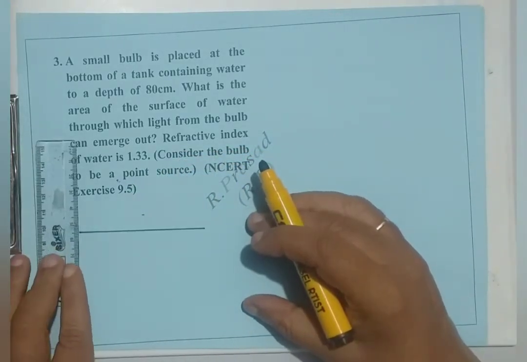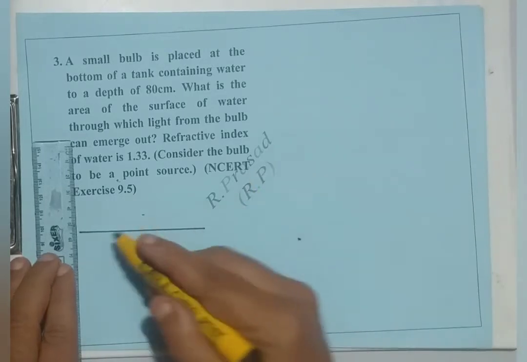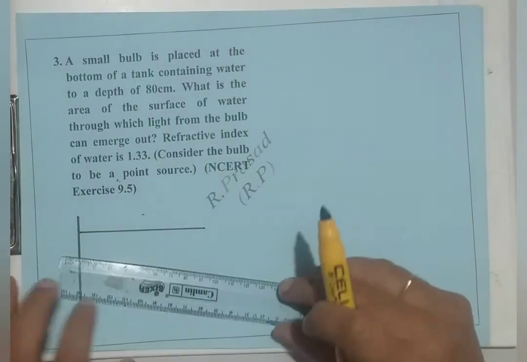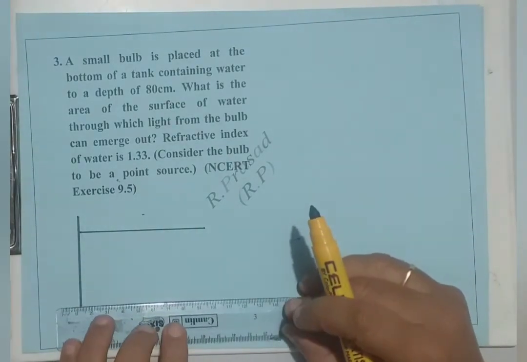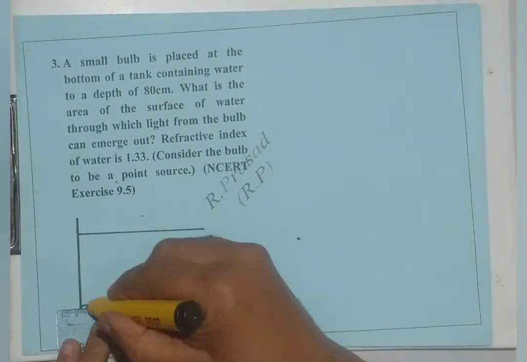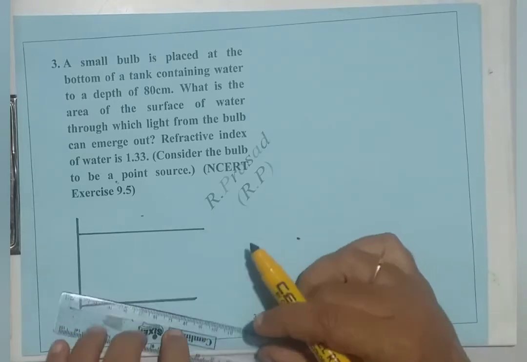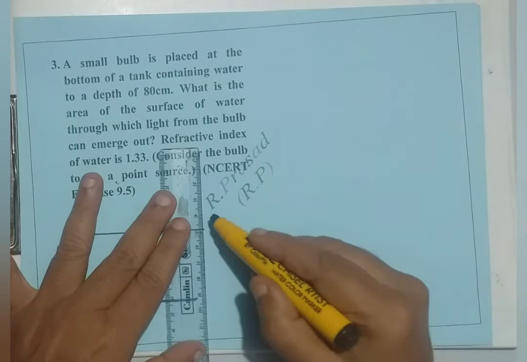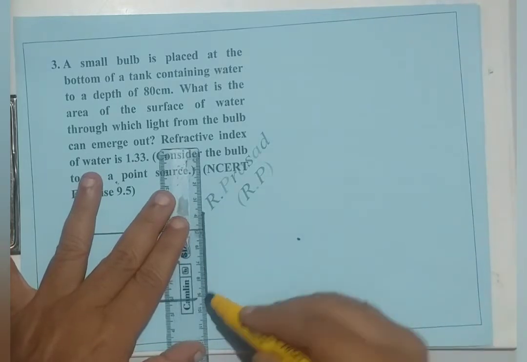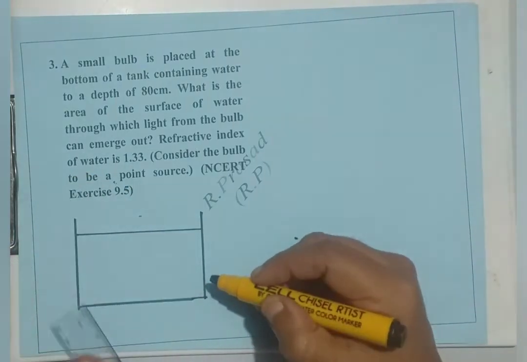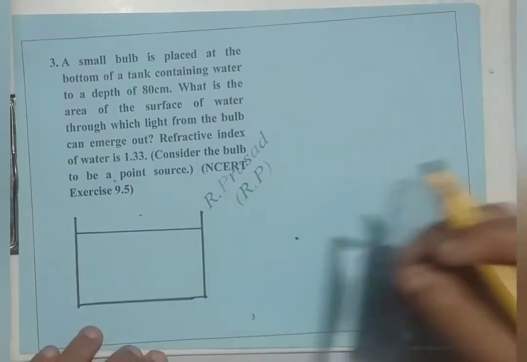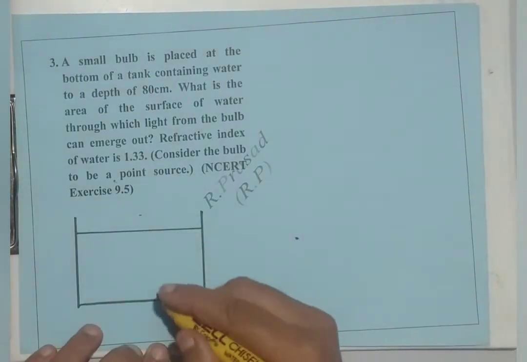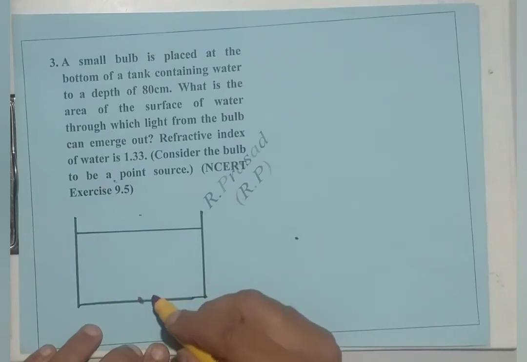We write the container part here. This is the container part, and a bulb's house. We imagine that here is a small bulb.